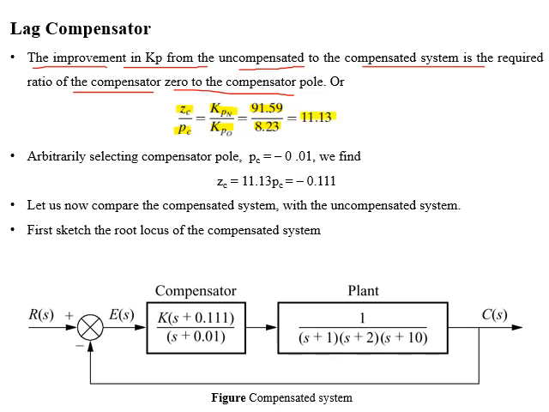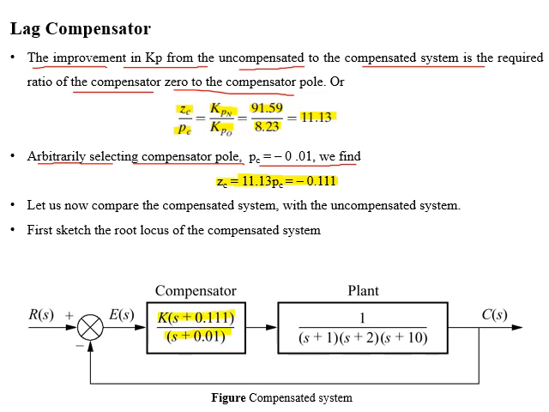The ratio of compensator zero to compensator pole is equal to 11.13. Now if we choose the compensator pole at minus 0.01, we found that a compensator zero will have a location of minus 0.111, and the transfer function of the compensator is represented in the figure.